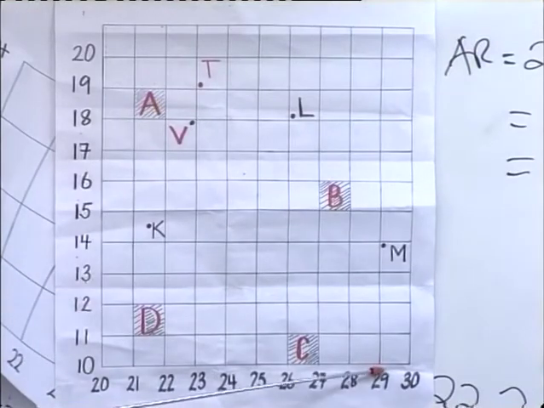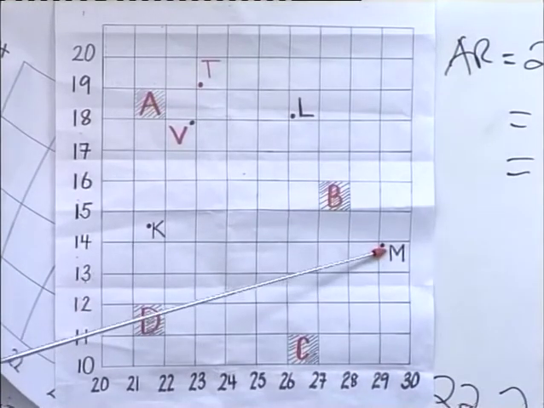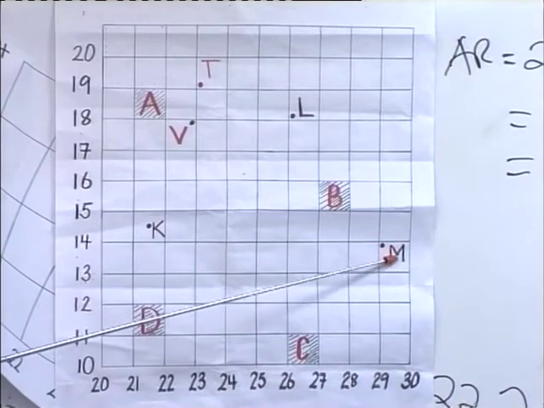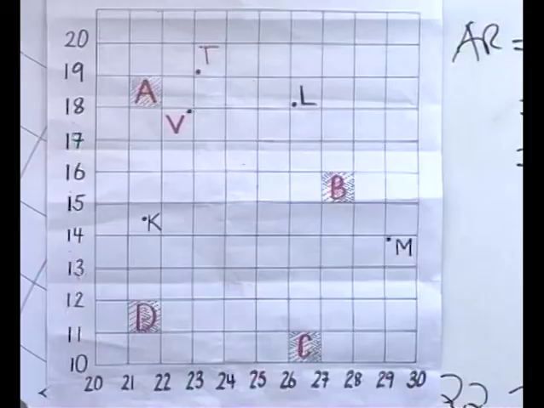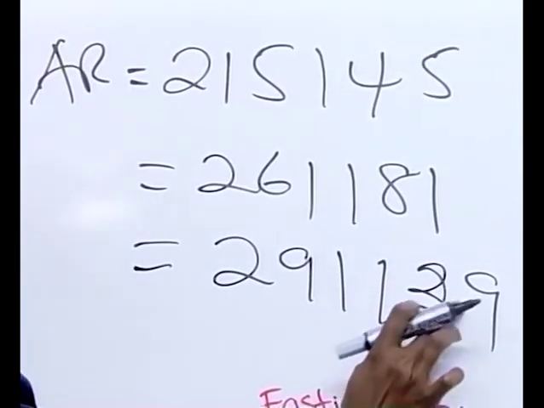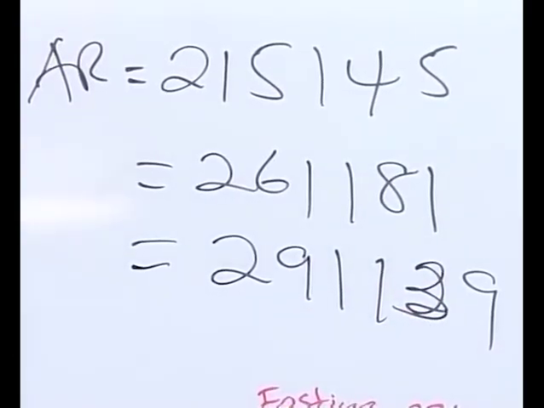Because it's 29, it's 1/10 across, so 1/10. Oh, 139. Okay, yeah.